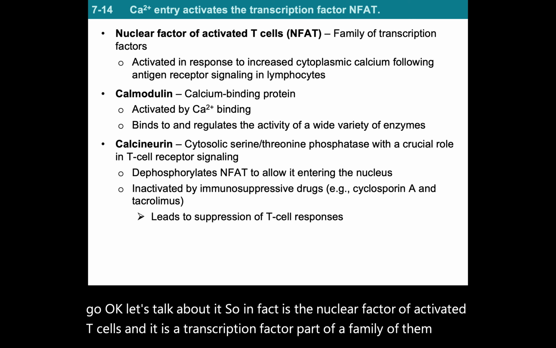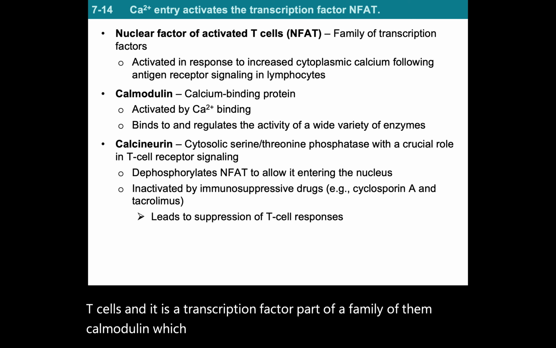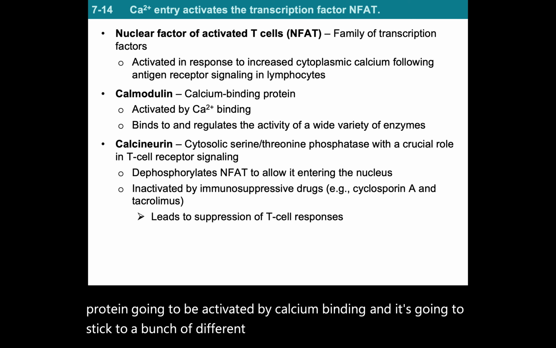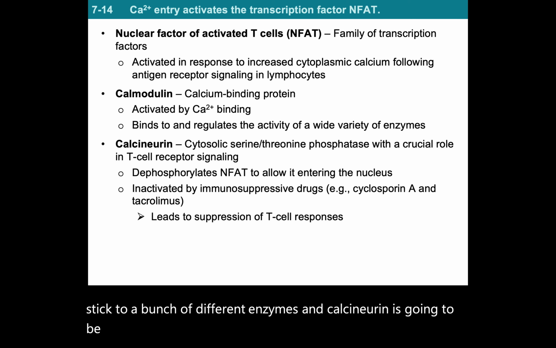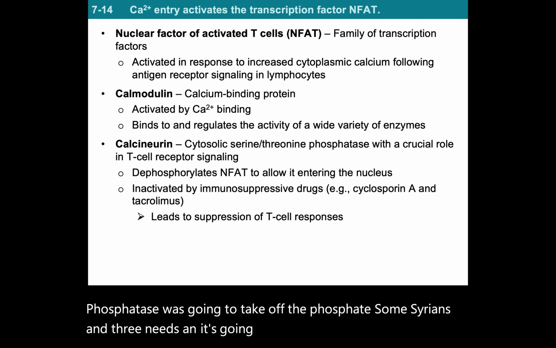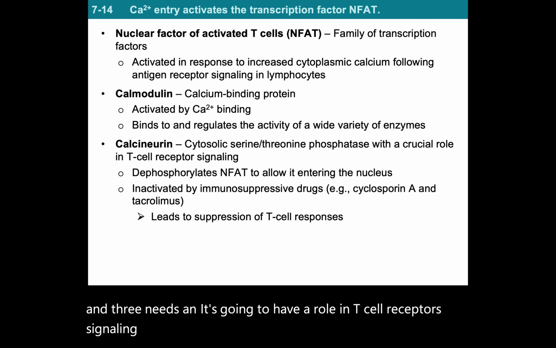Calmodulin, which you may even remember is a calcium binding protein, is going to be activated by calcium binding, and it's going to stick to a bunch of different enzymes, and calcineurin is going to be another phosphatase. So it's going to take off the phosphates from serines and threonines, and it's going to have a role in T cell receptor signaling. So calcineurin is going to lead to stopping the T cell response.